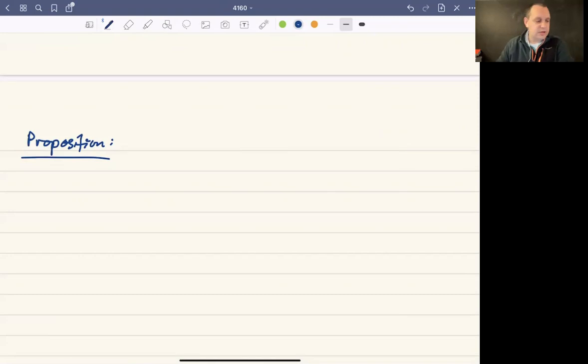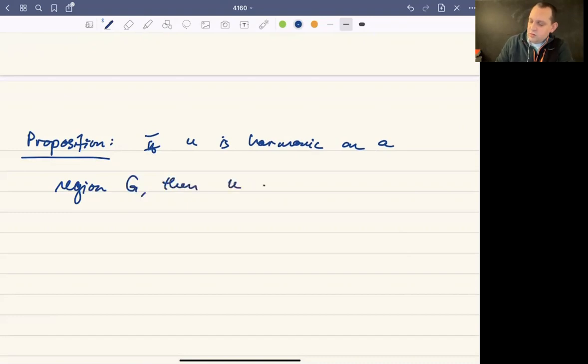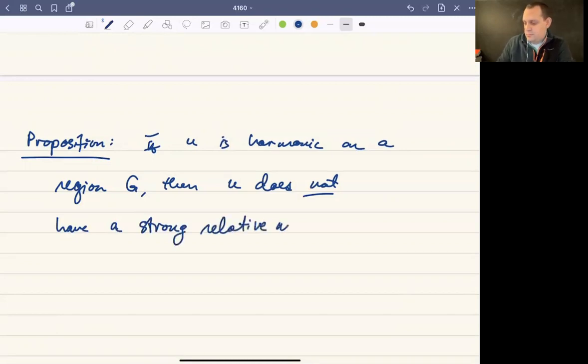The first one is that if u is harmonic on a region G, on a connected open set G, then u does not have a strong relative maximum on G. So harmonic functions do not have strong relative maxima on G, and the same is true for strong relative minima.